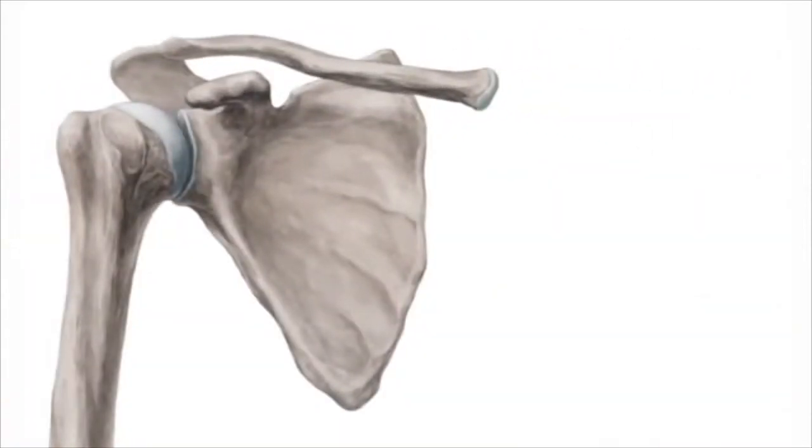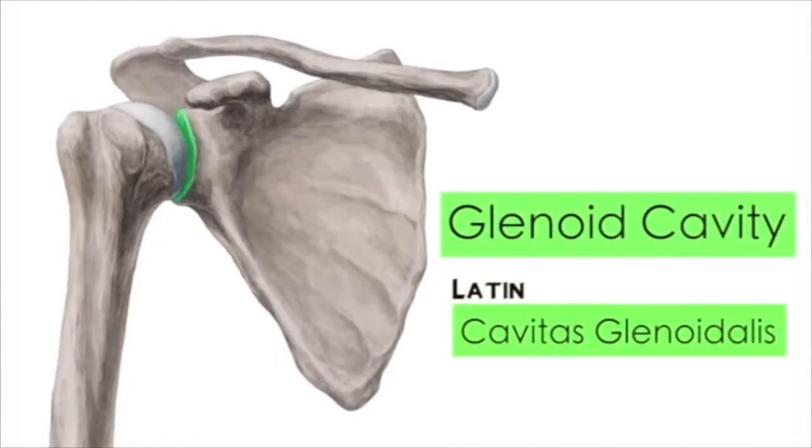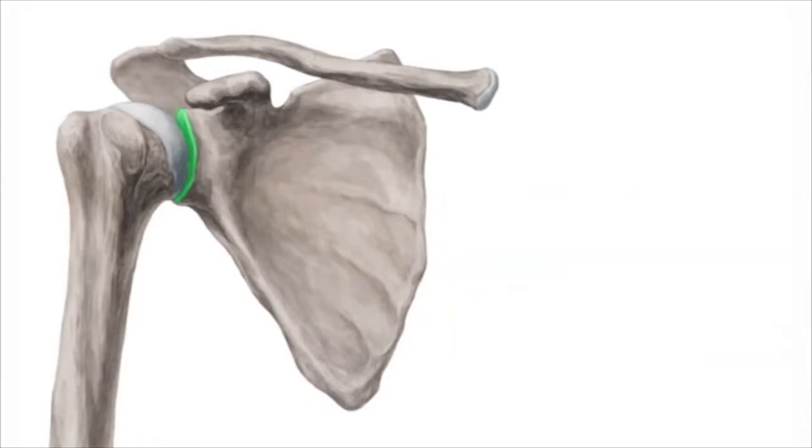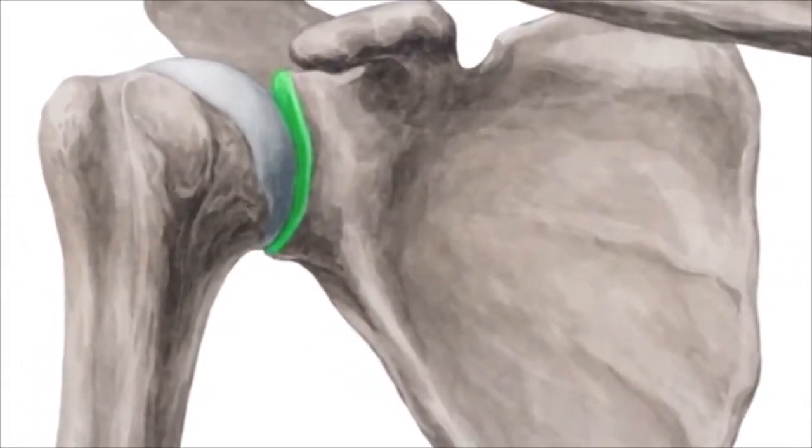The next structure that we're going to talk about is known as the glenoid cavity, highlighted in green. This is a very important surface located laterally on the scapula, and this surface will articulate with the head of the humerus, as you can see here on this image, and of course a very important articulation happening in your shoulder joint. Now, the other structure that you're going to find here is a small projection at the upper border of the glenoid cavity.